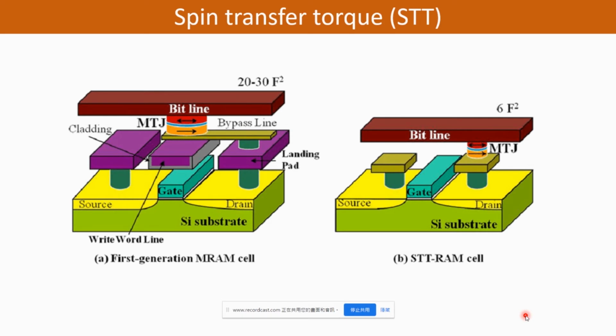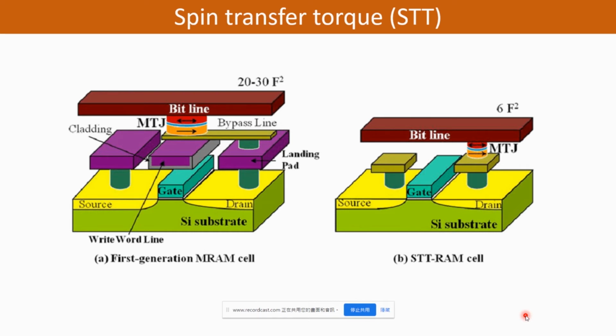Okay, here is the real structure of the MRAM. Magnetic memory with MTJ is considered a good candidate for NVRAM. There are two kinds of magnetic memories characterized by their writing mechanism, as shown in the picture.